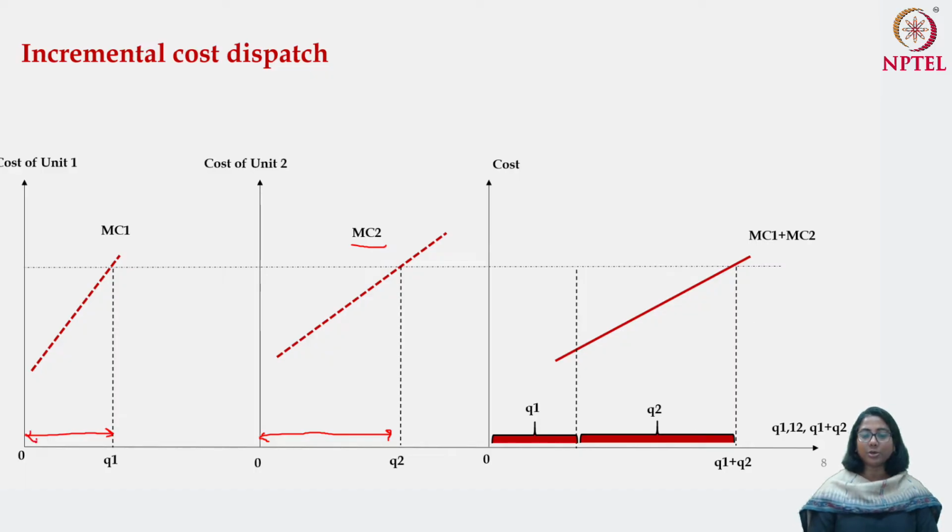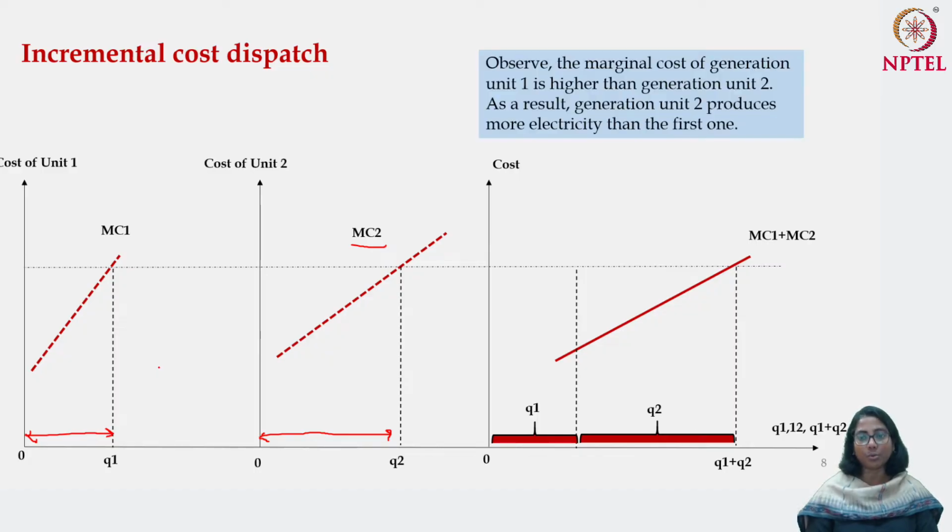So the generation unit with lower marginal cost will actually produce more. This is the observation from here in case of a simple incremental cost dispatch problem. You equate the marginal cost of all the plants, all the generating units, and therefore you determine the supply accordingly.